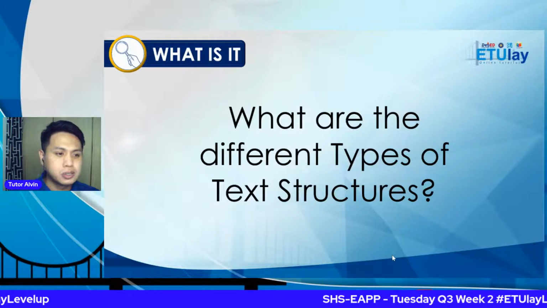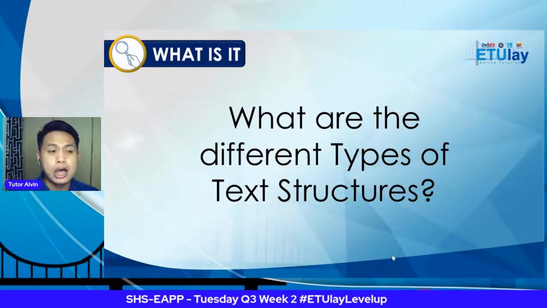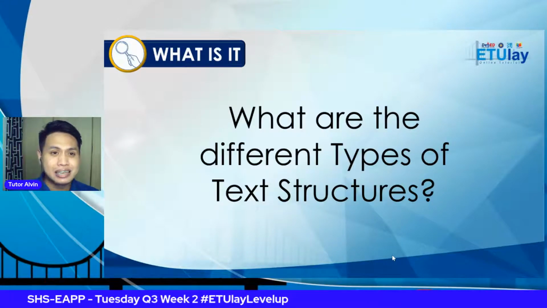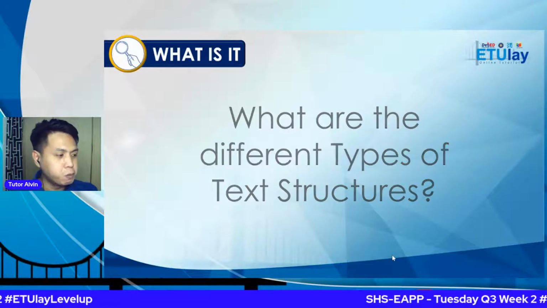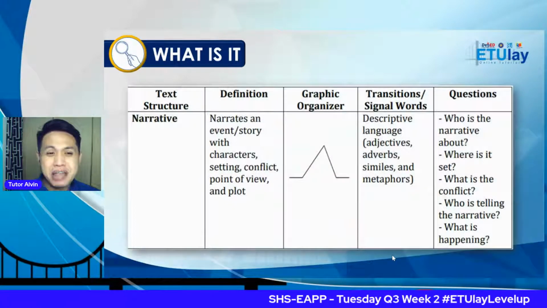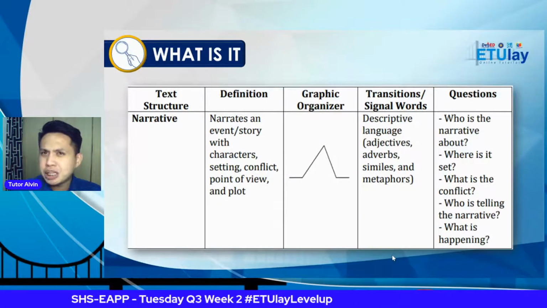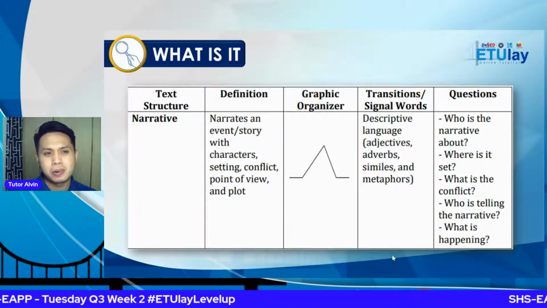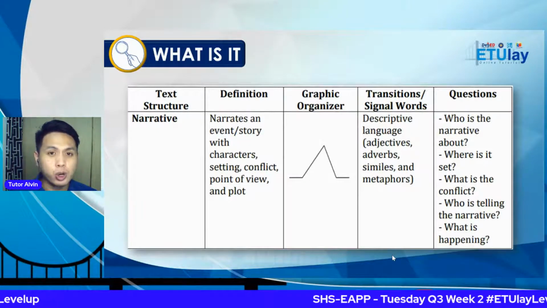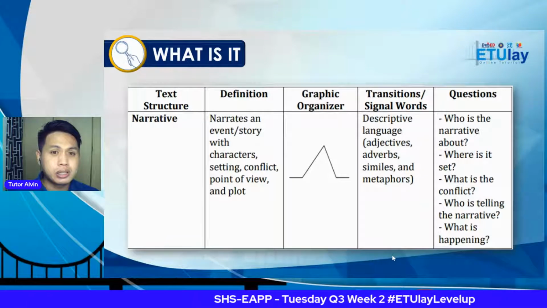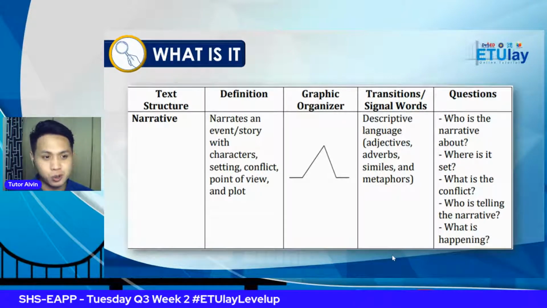All right. So let us now identify what are the different types of text structures, or how a writer can develop his ideas in an academic text. And let us begin with the narrative. So what is about narrative? When you say narrative, how does an author express him or herself using the narrative structure?